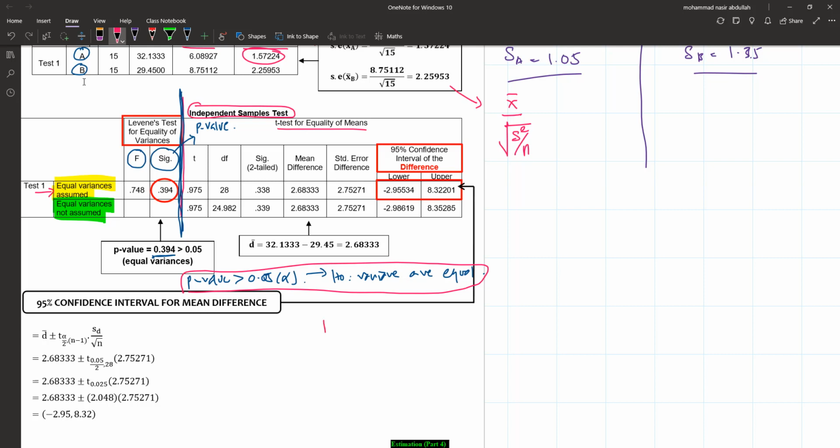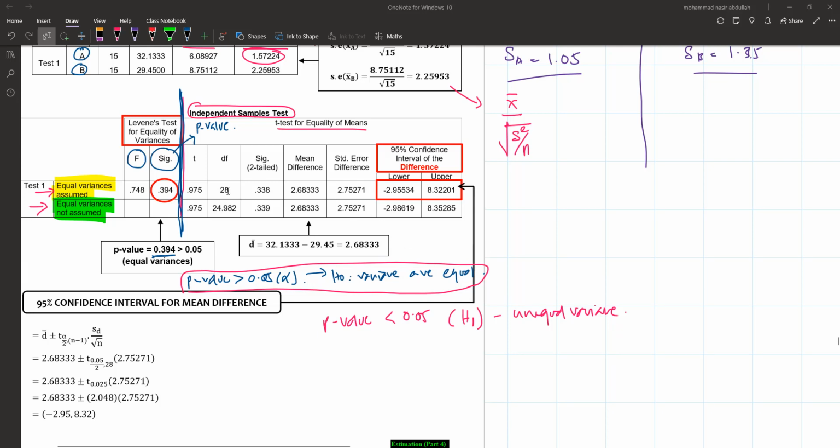When the p-value of Levene's test is less than 0.05, we accept the alternative hypothesis, which is unequal variances, so we read row number 2. Can you understand? This is how we read the SPSS table.